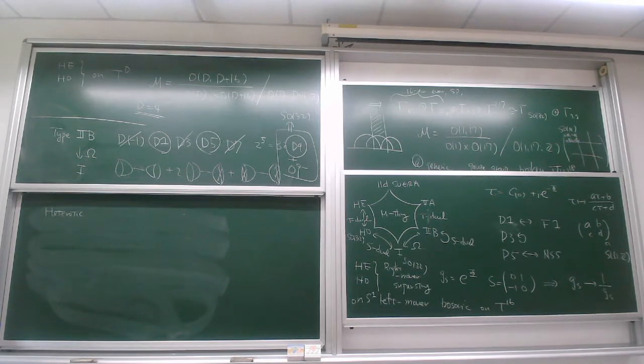Can you give me the reason? Just recall what we have learned. String theory is very complicated, so it's better to recall. Why is there no D-brane in the heterotic string?